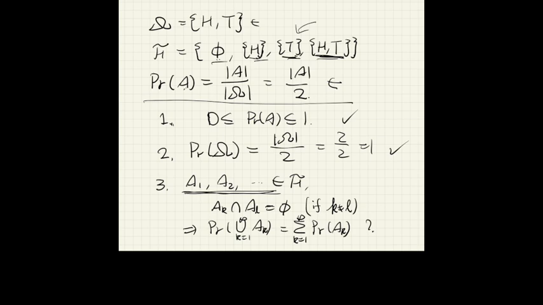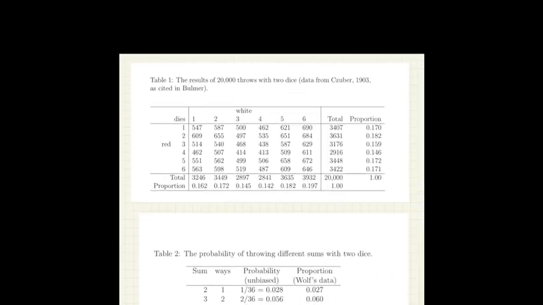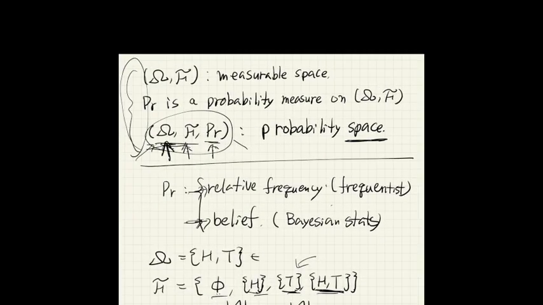As a matter of fact, we can choose the empty set many times, infinitely many times. Let's say A1 is empty, A2 is empty, and everything is empty. Then they are always disjoint, right? Because everything is empty, so for any pair, if we take the intersection, it's empty.